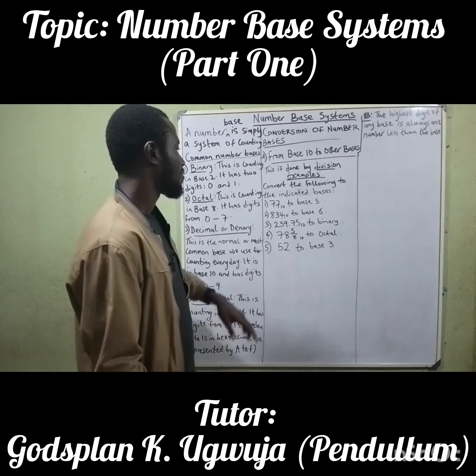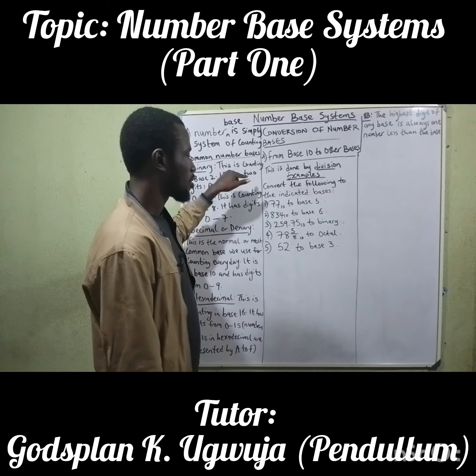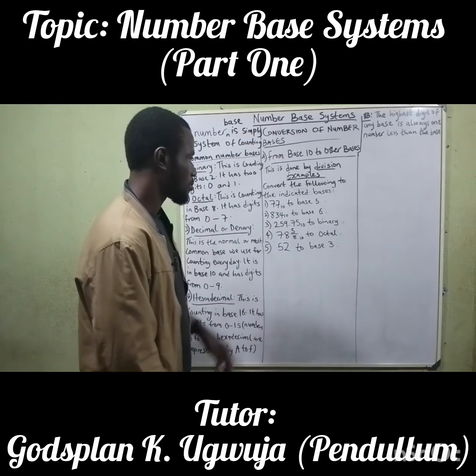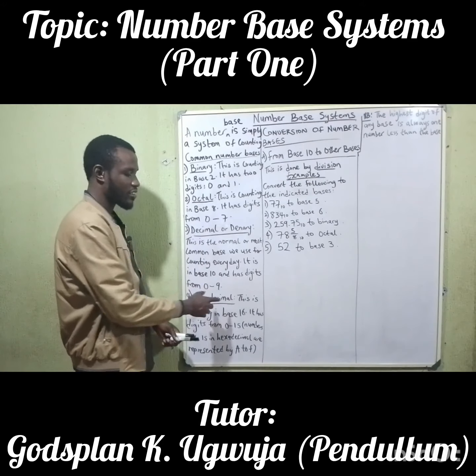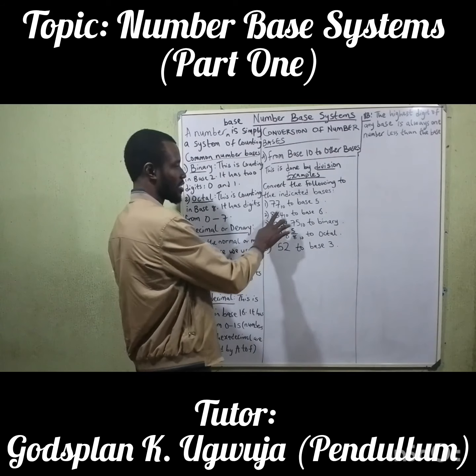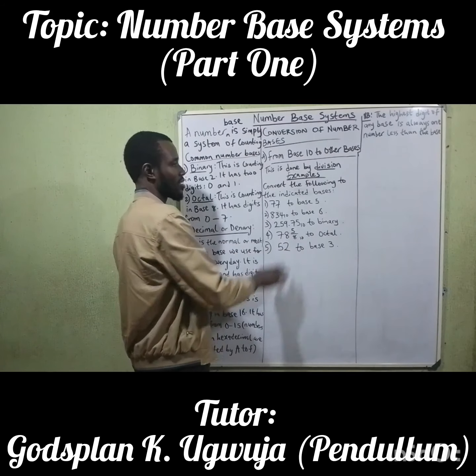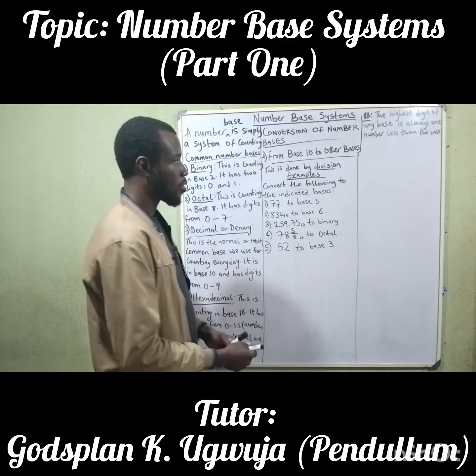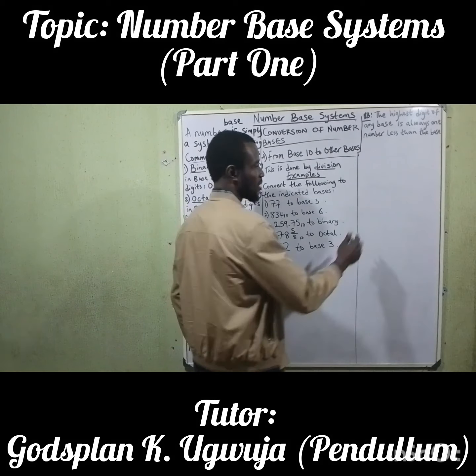So let's start with converting numbers from base 10 to other bases. Now note something. I told you that base 10 is the common or normal base. A base is written as a small number at the bottom of the normal number, a subscript.